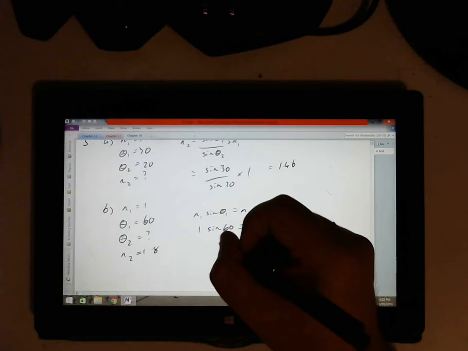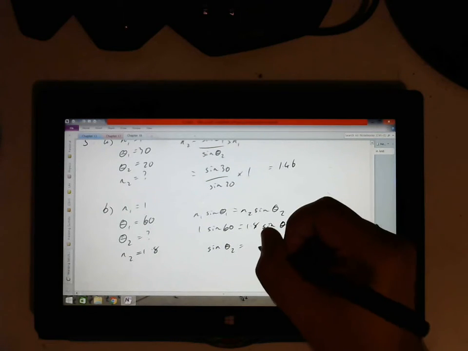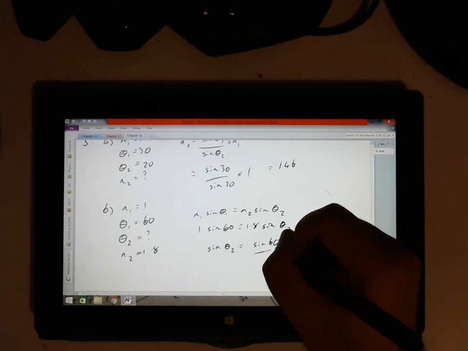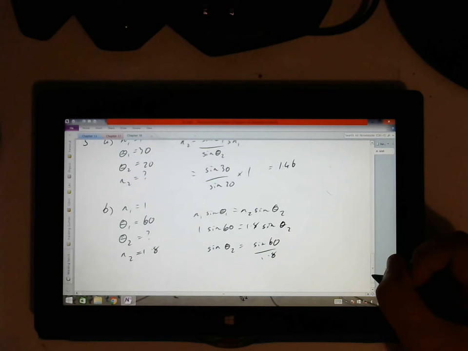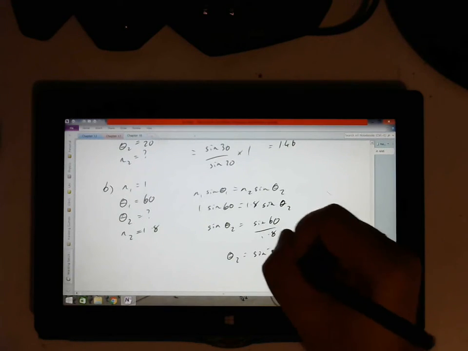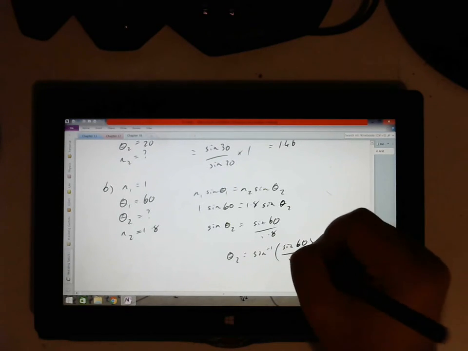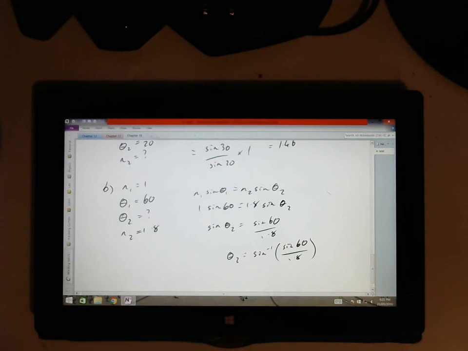Let's rearrange. Sine of theta 2 equals sine 60 over 1.8, and so theta 2 equals the arc sine of sine 60 over 1.8. Sine 60 divided by 1.8, take the arc sine.